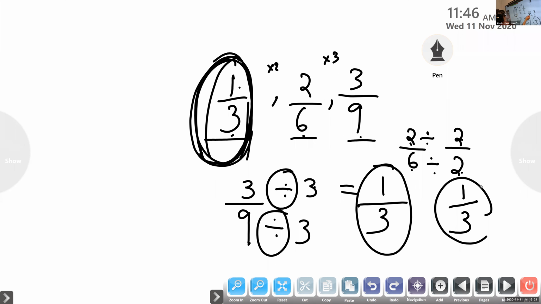Okay, children? So we can make a fraction in its lowest term by, can you say louder? By division. Okay, by dividing. Ma'am, can you give another example? Okay, I will give you one. And I told you clearly, if the fraction is in its lowest term, you cannot divide it again.